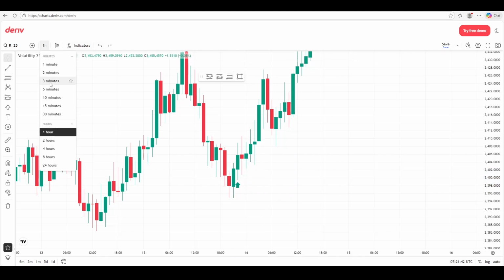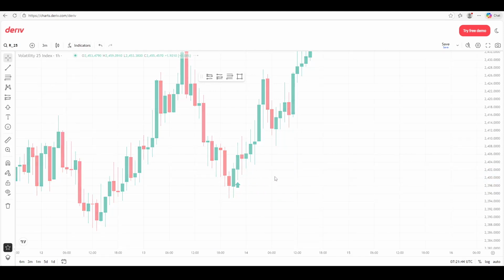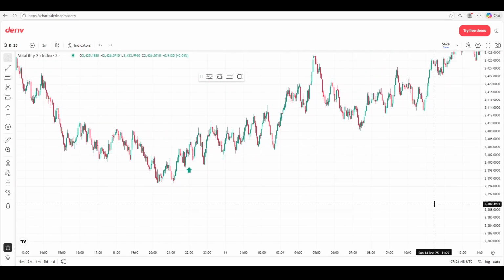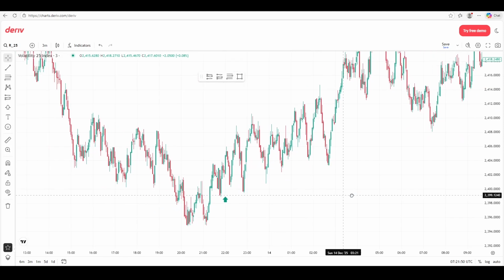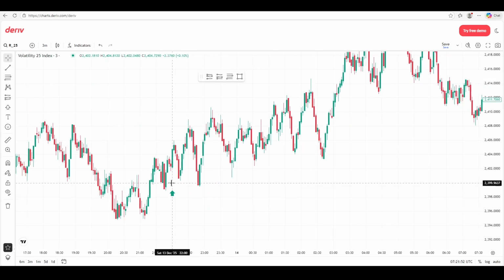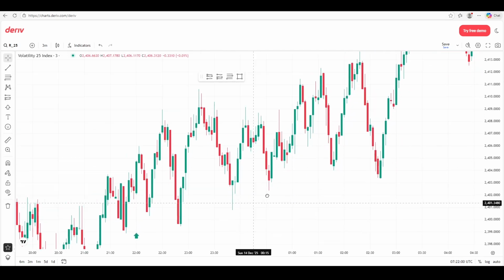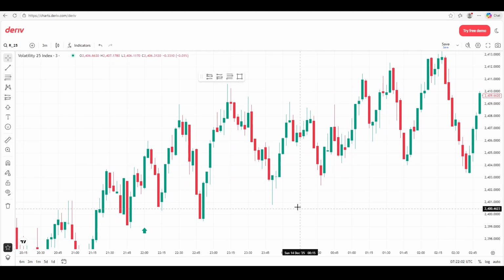So let us go to the 3-minute time frame and look for bullish engulfing candles only, because you are only looking for buy setups. After this is the opening of the new 1 hour candle, and now we want to look at which opportunities somebody would have taken at this point.